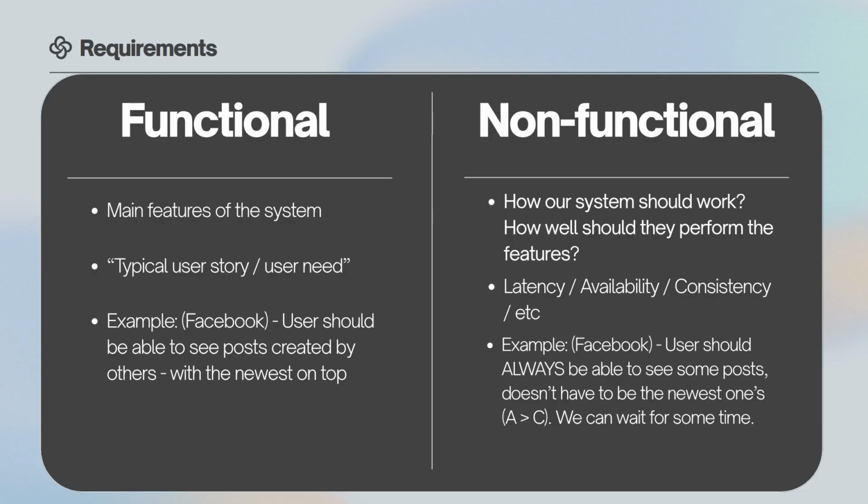And an example to this functional requirement. So we know that the user should see the newest one on top. But what if there's a split millisecond, someone just created something? How fast should we be able to see it? And here, usually there's a question between kind of a trade-off of availability versus consistency. And usually here probably what we would expect is that you should always see some posts.